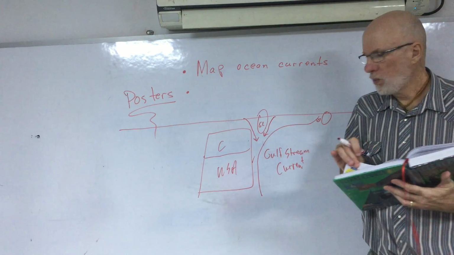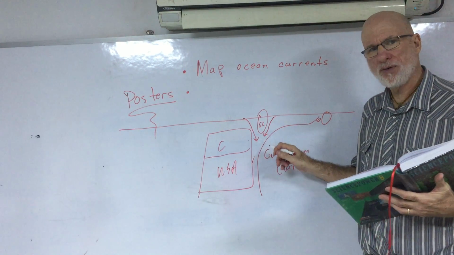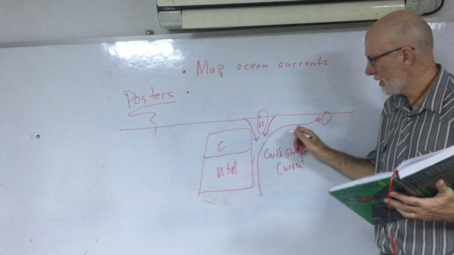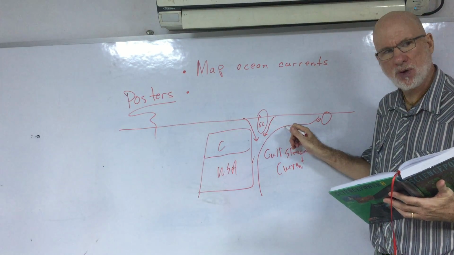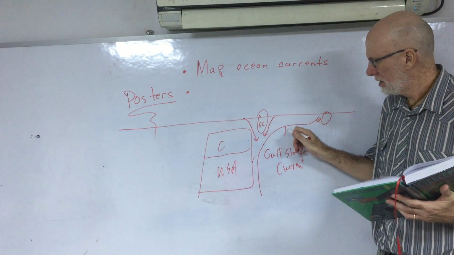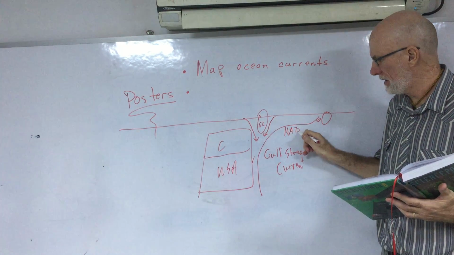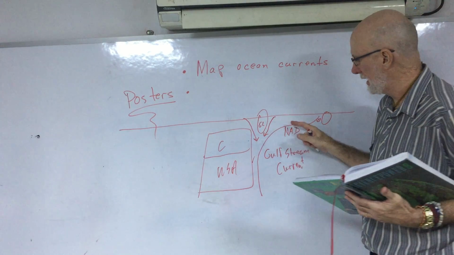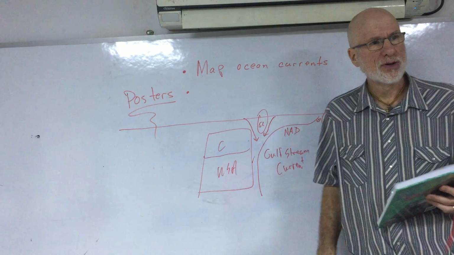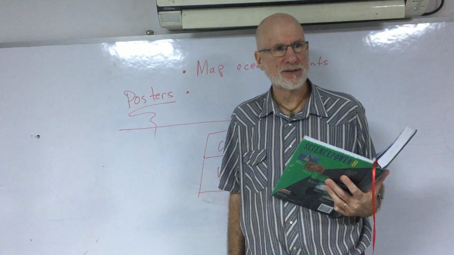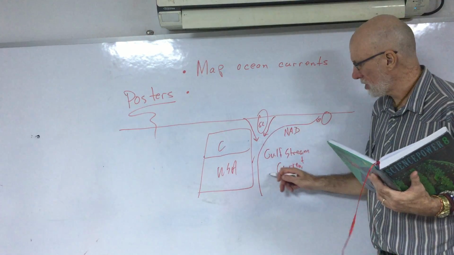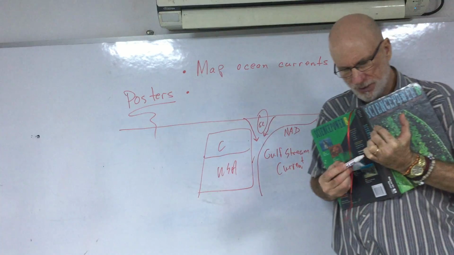Now, the northeastern edge of the Gulf Stream is actually called the NAD. On the chart, you see it labeled NAD. It's called the North Atlantic Drift. That's the northern end. These are warm currents.